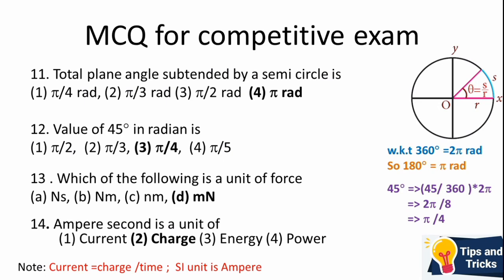We already know for 360 degree the conversion factor is 2 pi radians. Then for 45 degree it will be 45 divided by 360 into 2 pi, which will be equal to 2 pi by 8. So after simplification we get pi by 4 radians. So the correct option is option 3, pi by 4.